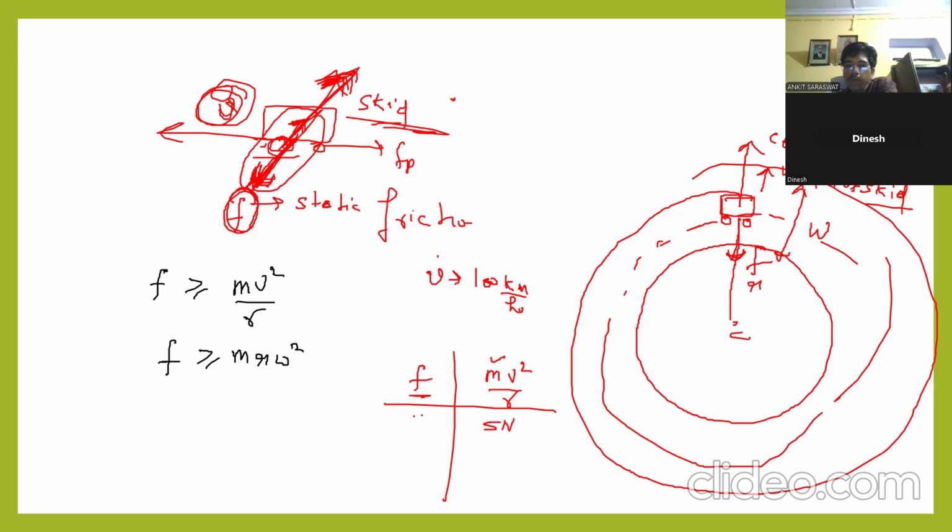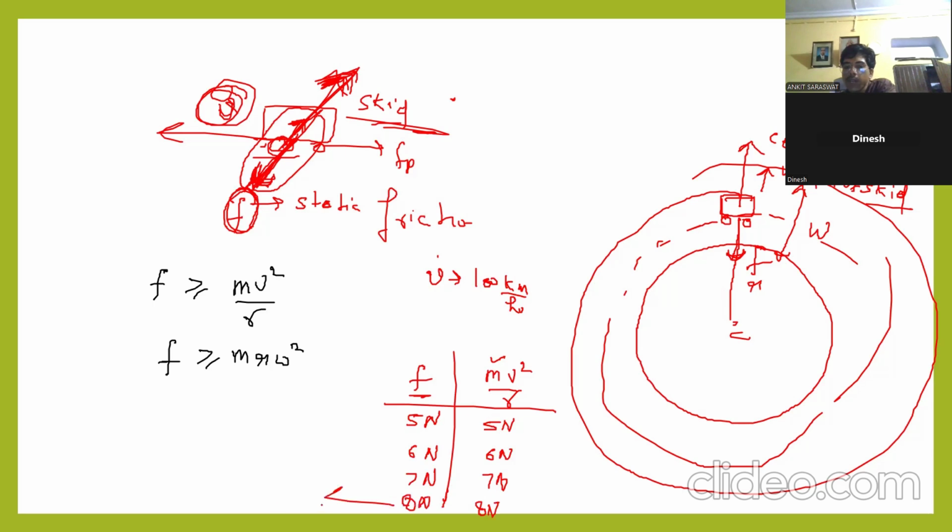Then friction becomes 5 Newton. If you increase the speed and the centripetal force becomes 6 Newton, then your friction will make it 6 Newton. Self-adjusting nature. At 7 Newton, it becomes 7 Newton. Then 8 Newton, it becomes 8 Newton.